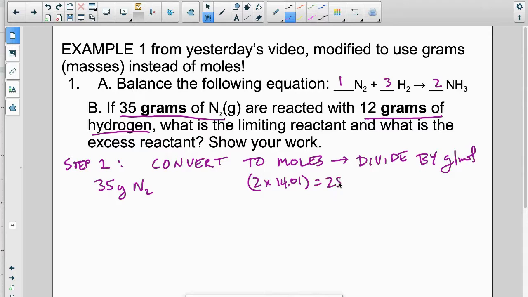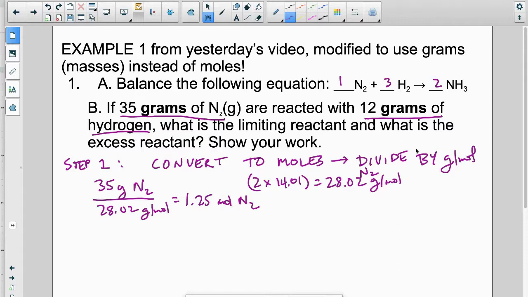So we get 28.02 grams per mole for N2. Let me divide that out, and we get 1.25 moles of N2. So there's our moles of N2.